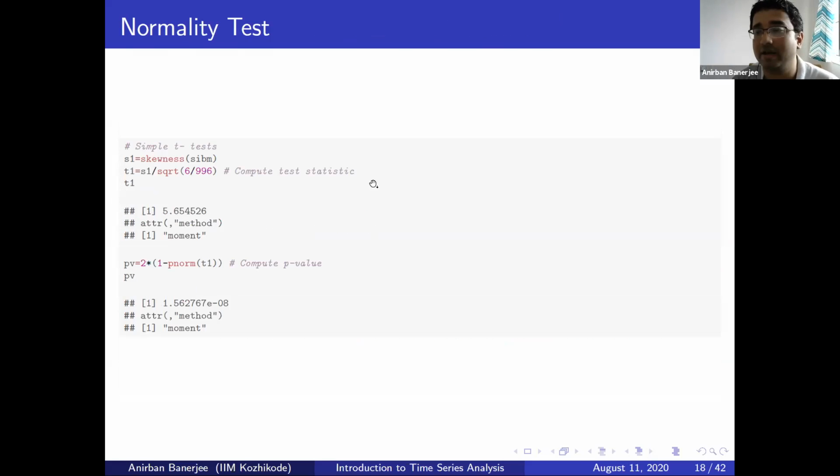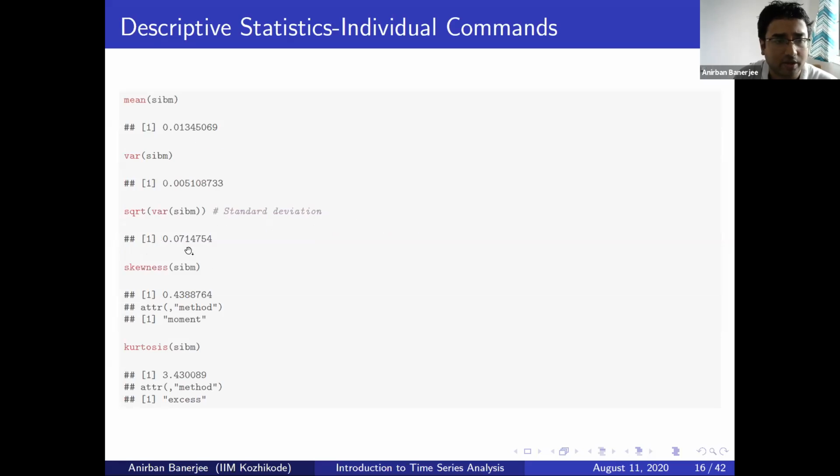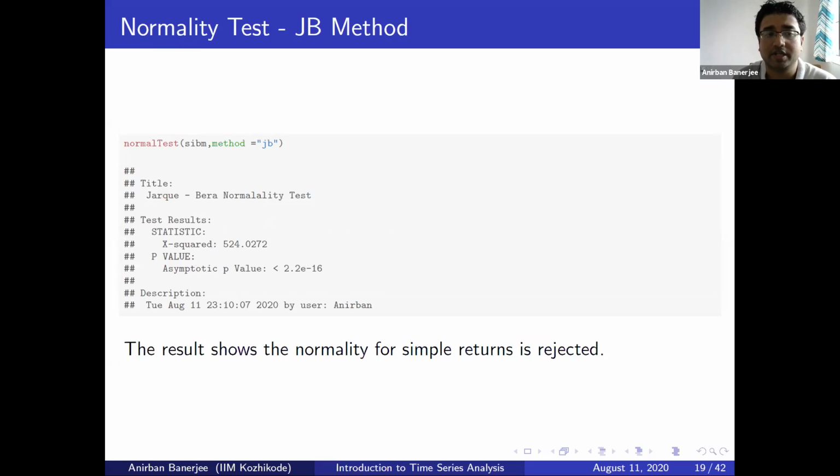This is us running those individual t-tests. You remember the skewness value was 0.4388, and kurtosis was 3.44.